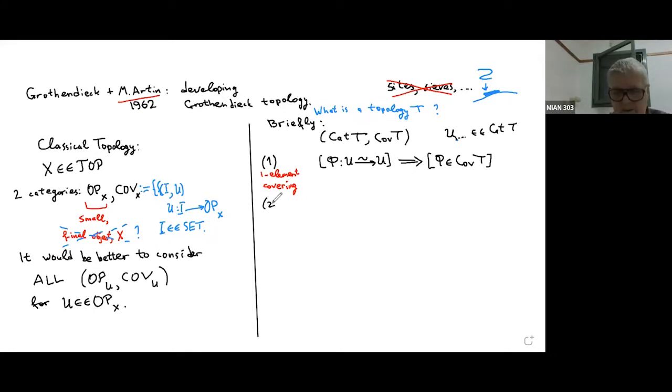Now the second one, that I call distributivity, and we'll comment in a while about it.